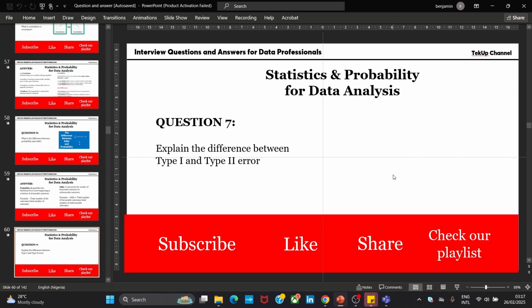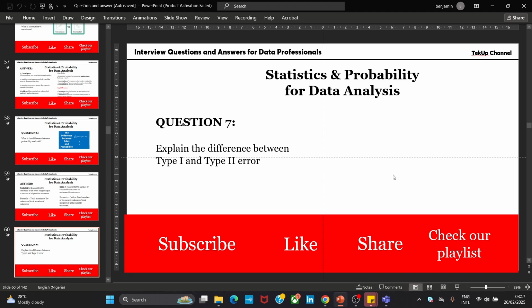Now, what is type 2 error? Type 2 error is accepting or failing to reject a null hypothesis. In this situation, we accept that there is no effect when there is actually an effect, and this is represented by beta.